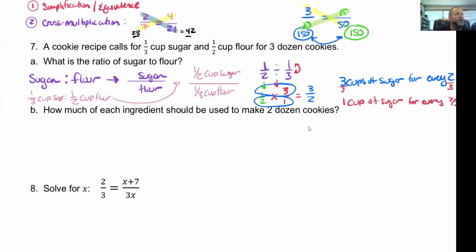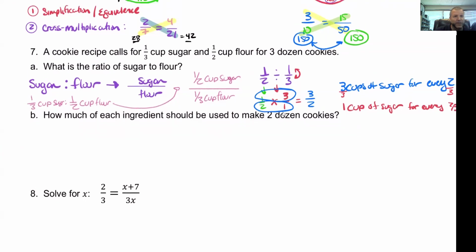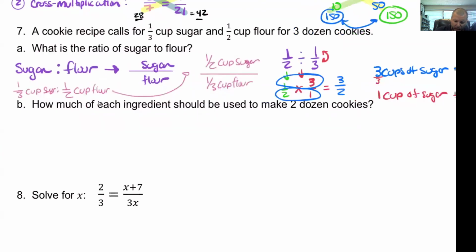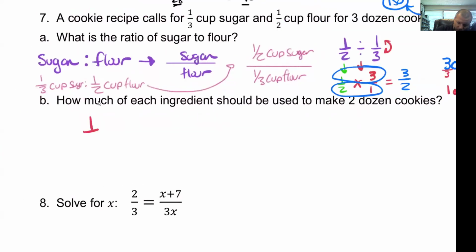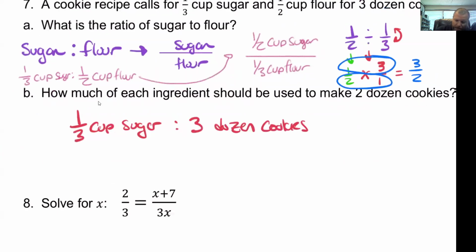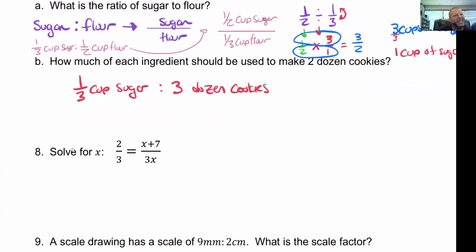For question B, we want to know how much of each ingredient to make 2 dozen cookies. So we know that right now we're making 3 dozen cookies with this amount. So again, a couple of ways that we could attack this. We could pretend that we don't know anything from part A. So we know that 1/3 a cup of sugar we can use to make 3 dozen cookies. And so if we want to make 2 dozen cookies, here's where the proportion aspect of it comes in.